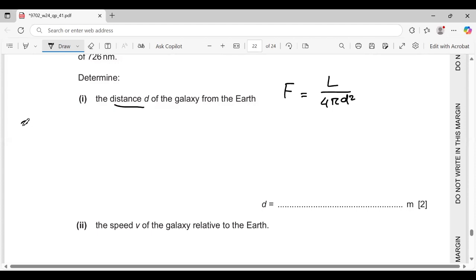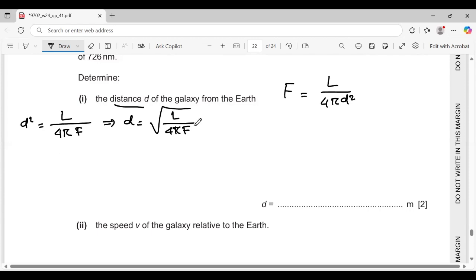So it's going to be d squared equals L over 4 pi times F, or d equals the square root of L over 4 pi times F.